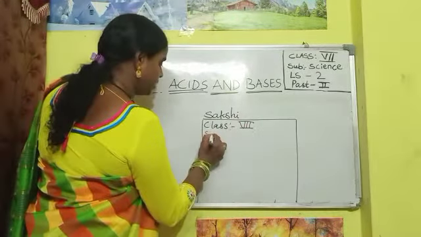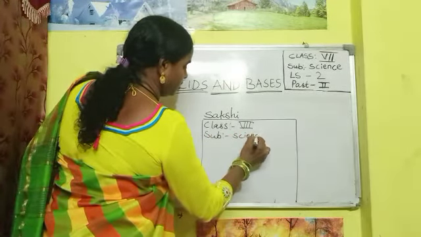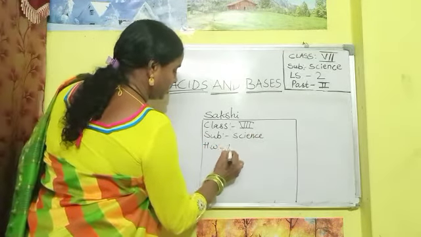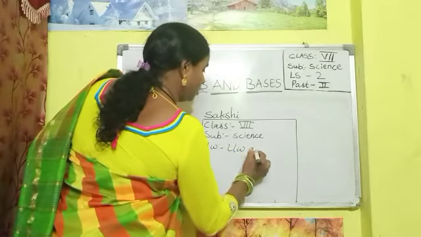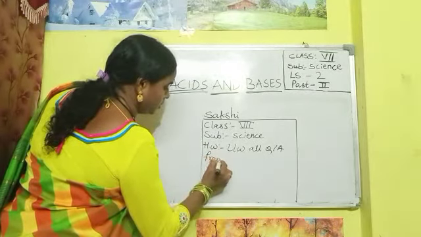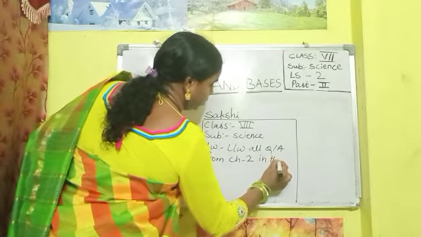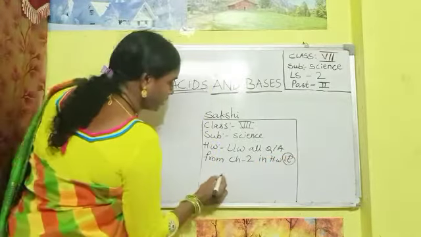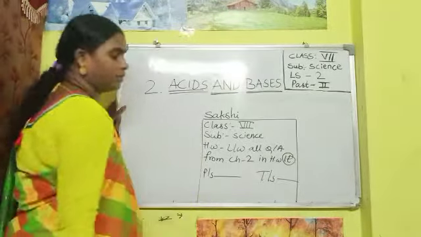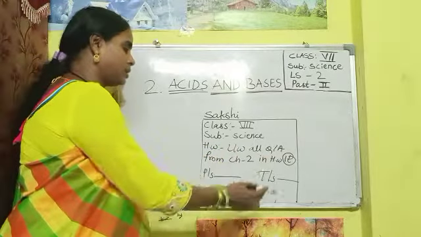Subject, science. And you have to write homework: learn and write all questions and answers from chapter 2 in HW one time. Okay, children? And here take the parent's sign. Teachers will give the sign when school is physically reopened.